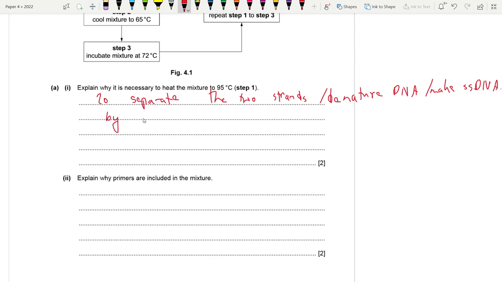How is this actually done? It is done by breaking the hydrogen bonds between bases, right?